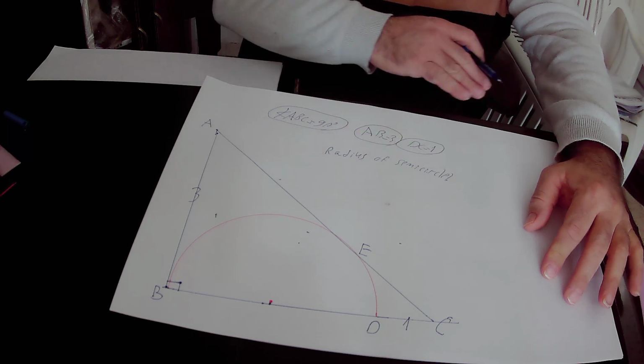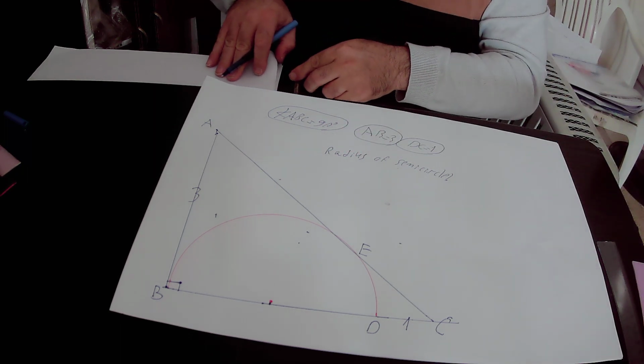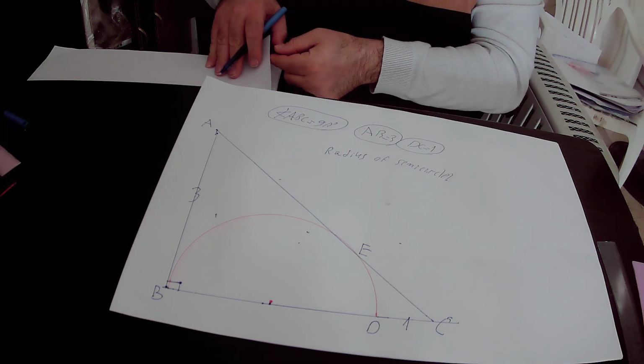Rule number 1, or the 2 tangents theorem.